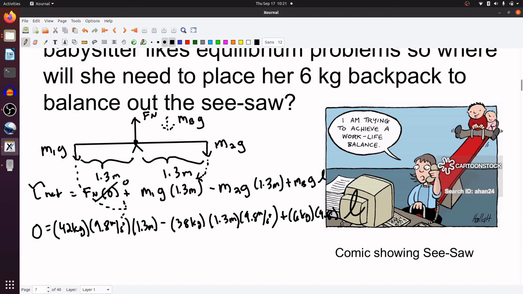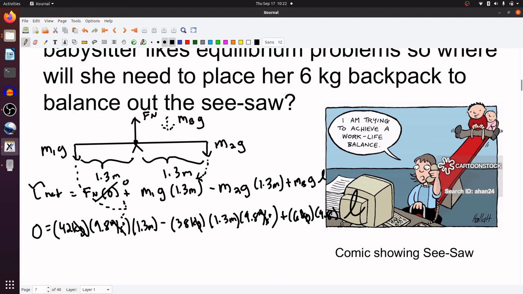All right, so basically, I had to drop my units there. Your meters per second squared is going to cancel because everybody seems to have that. And your kilograms is going to cancel because everyone seems to have that. What they don't all have is meters, and so you end up with the unit of meters. It just works out. So, solve for L. Okay.